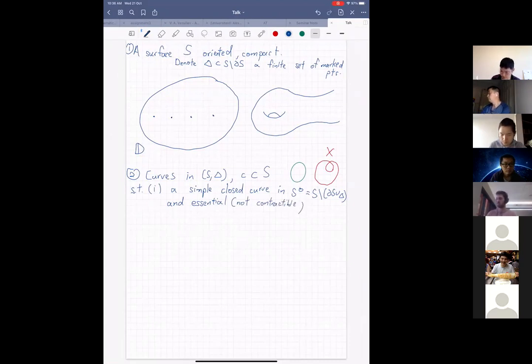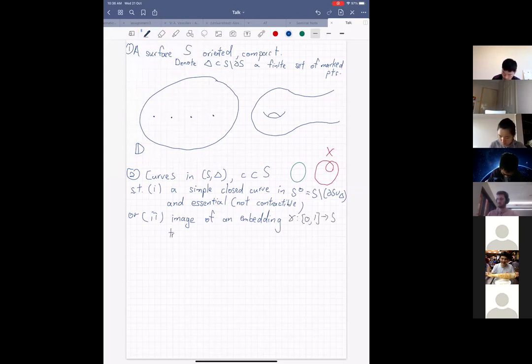Okay, let's draw some examples. Maybe I give another condition first. So second is an image. So this is an OR. So either it's a simple closed curve or it is an embedding of a path. So for the embedding of a path, the key point is the endpoint.